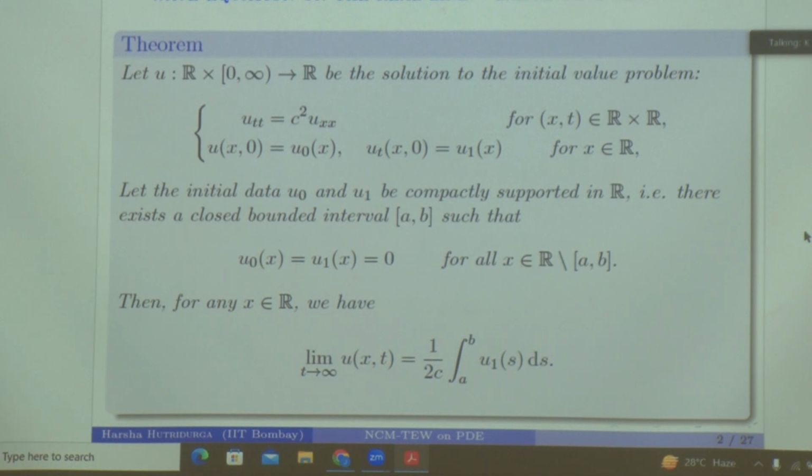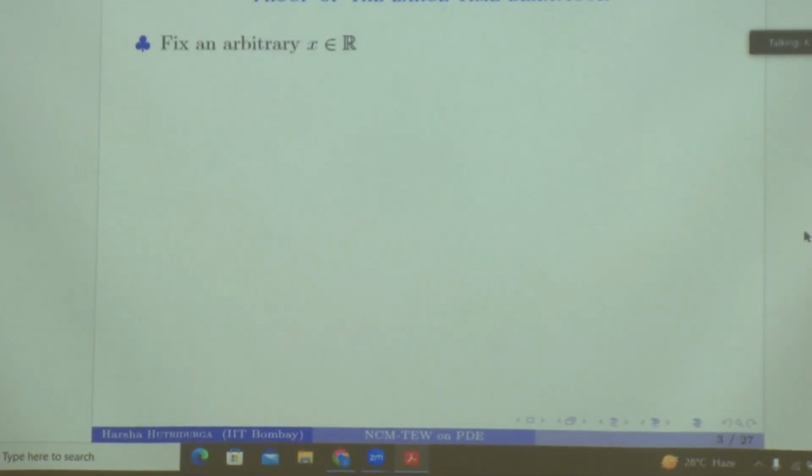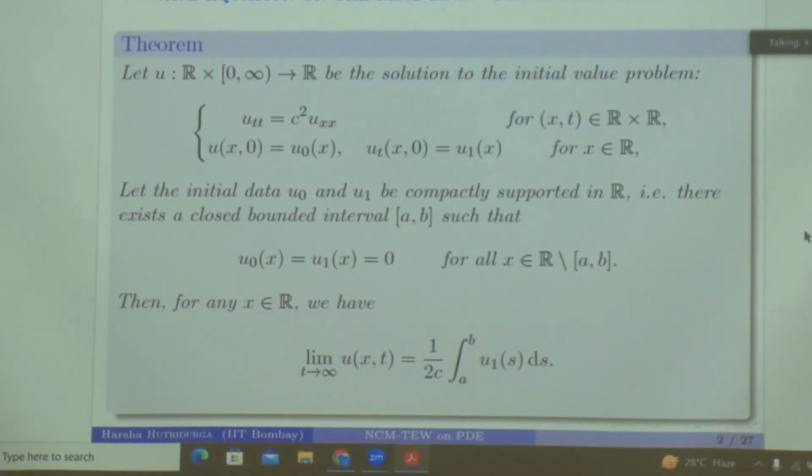Now, let's try to prove this result. See, yesterday we had shown one picture that if initially your data has compact support here, at a given time capital T, your solution will also have compact support. We said that that is the finite speed of propagation property.